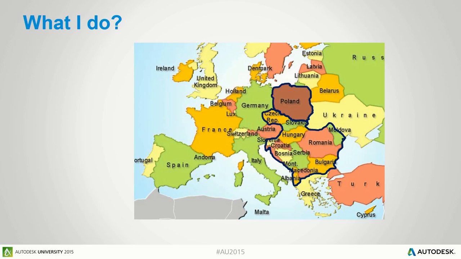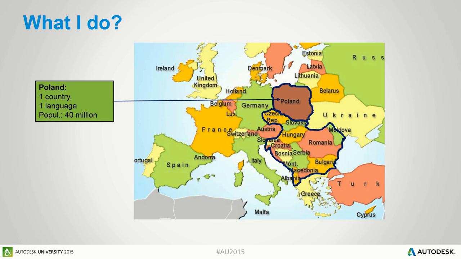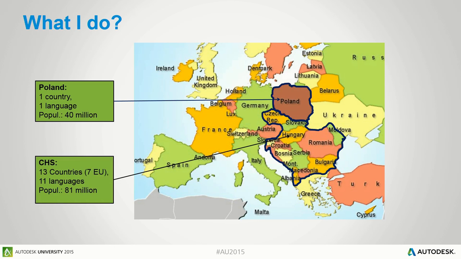What I'm doing, I'm working for Autodesk. In fact, I just celebrated 10 years at Autodesk, and I'm covering CHS and Poland. What does it mean? CHS is an acronym for Czech, Slovak, Hungary, and Southeast Europe. Southeast Europe is Romania, Bulgaria, and in fact ex-Yugoslavia, and also Poland, with a population of 40 million.